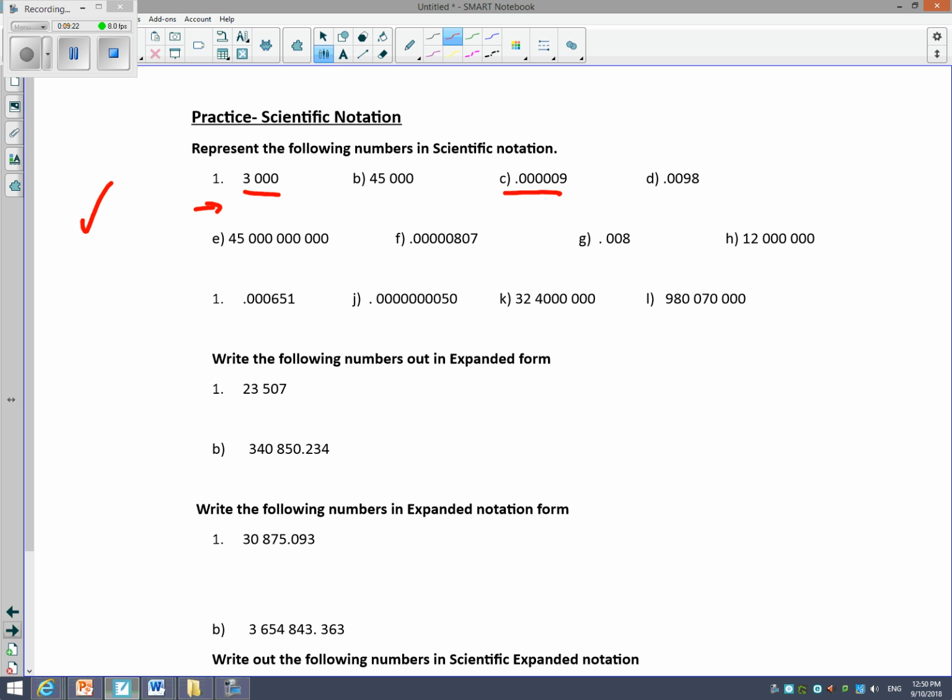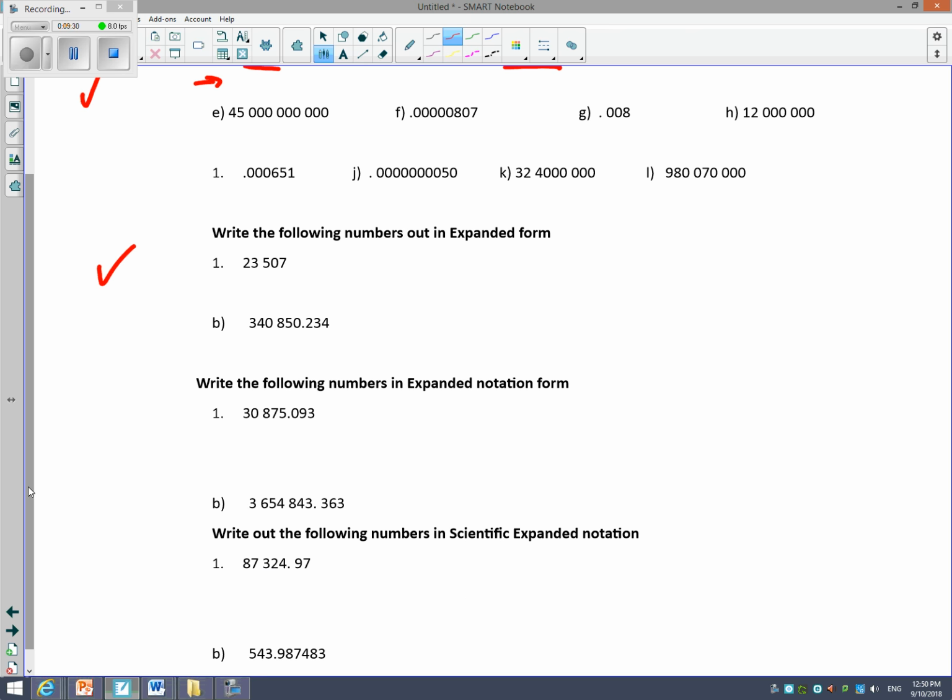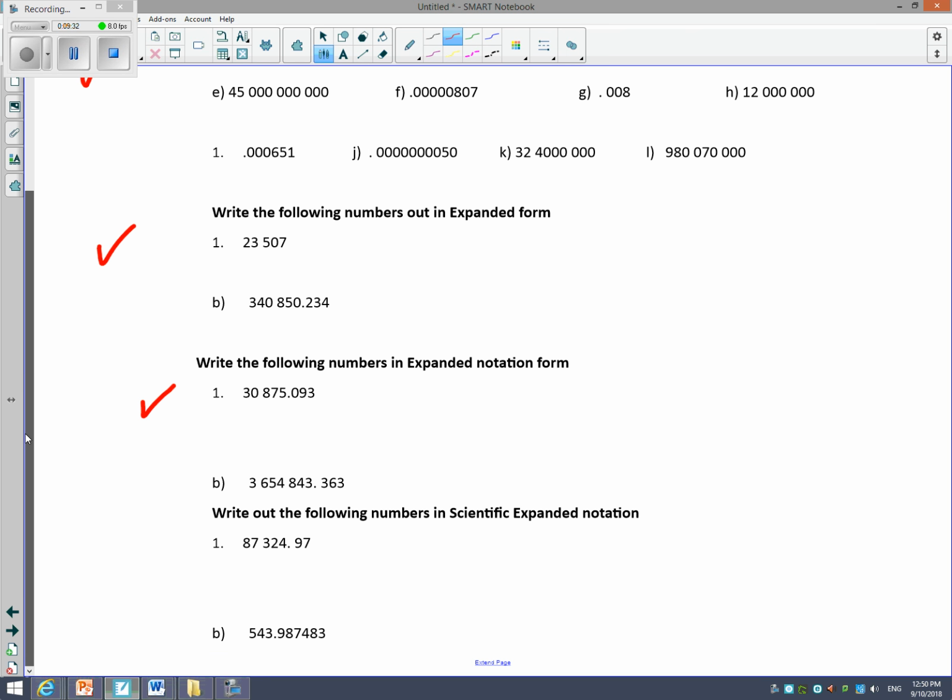Then I want you to jump back and go back to what we did a couple days ago, just to keep it fresh in your mind, that you're going to write these 2 here in expanded form, these next 2 here in expanded notation, and lastly the last 2 here in scientific notation. And that's your work today. Come see me tomorrow morning if you have any problems with it.